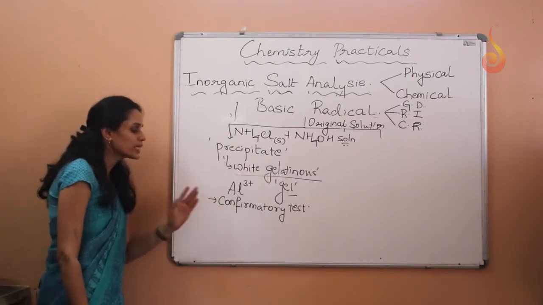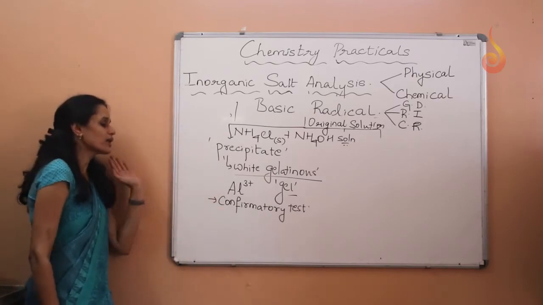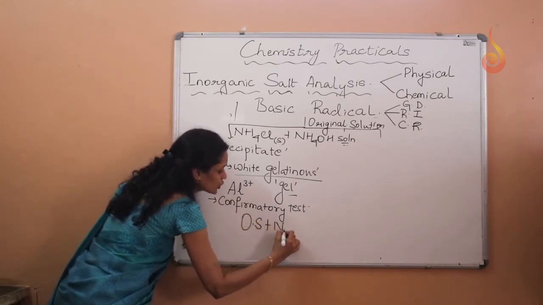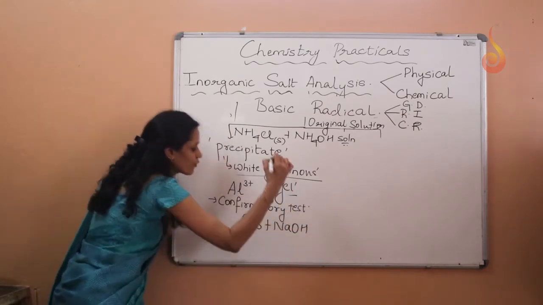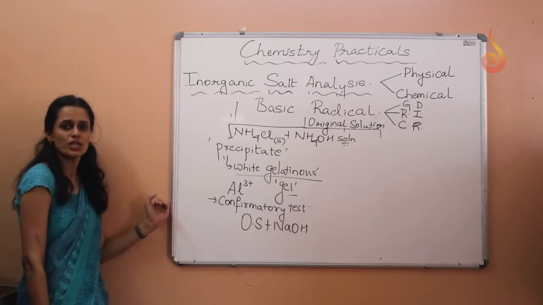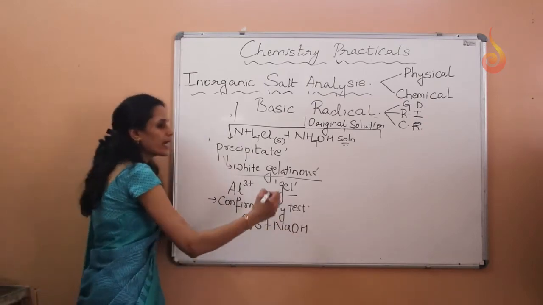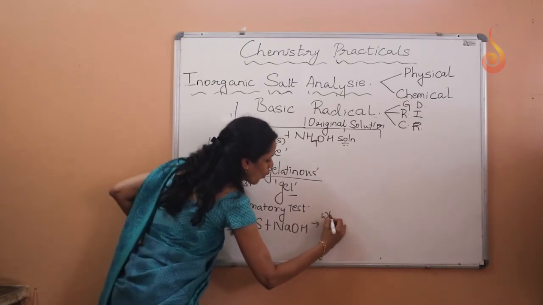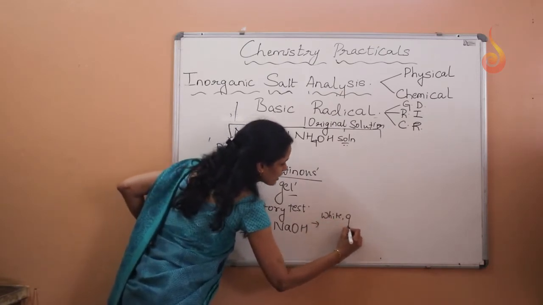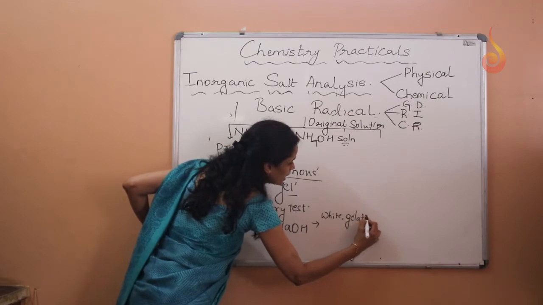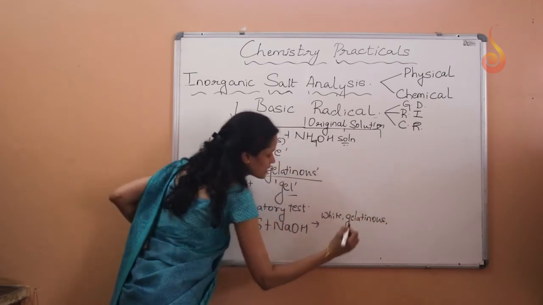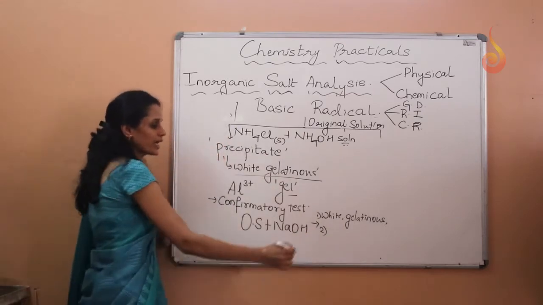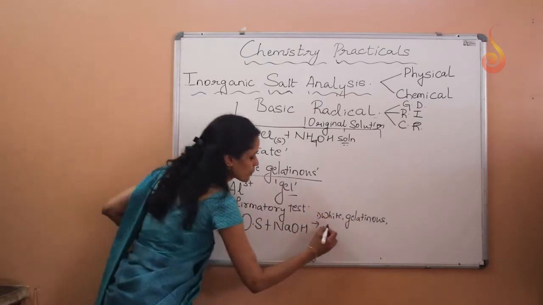While performing the confirmatory test for aluminium ion, we take the original solution and add NaOH solution. After adding NaOH solution, firstly we get a white colored gelatinous precipitate.